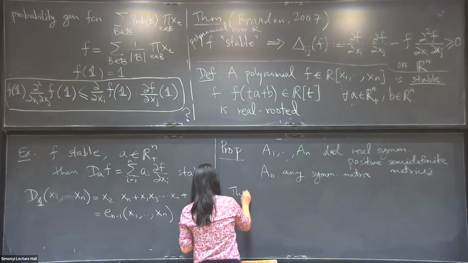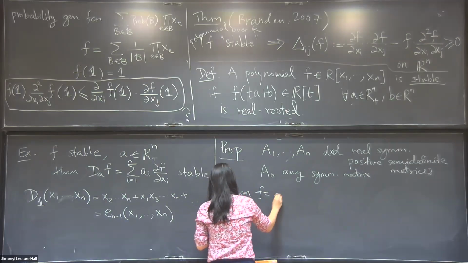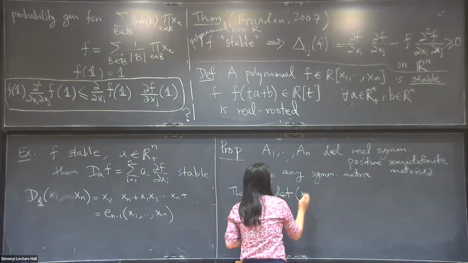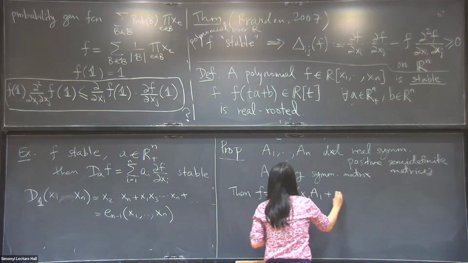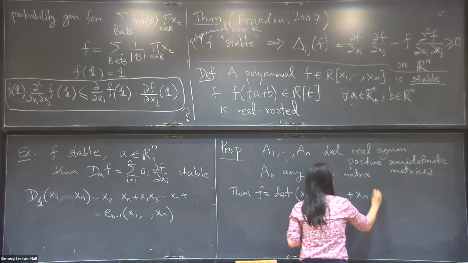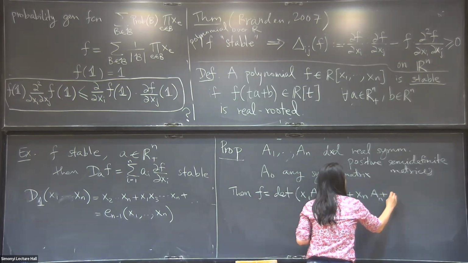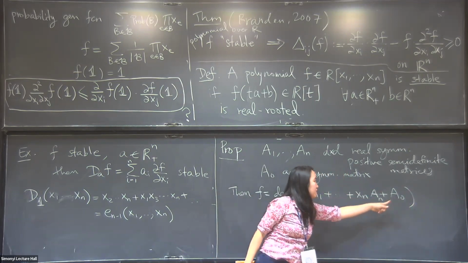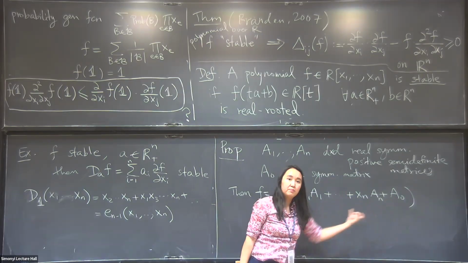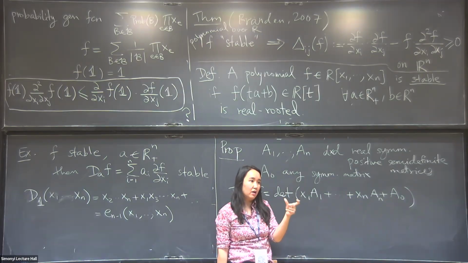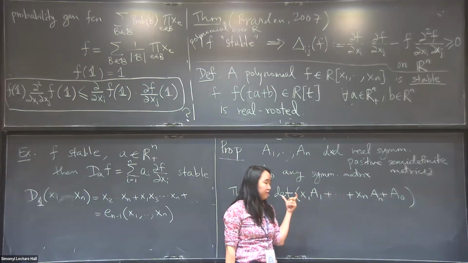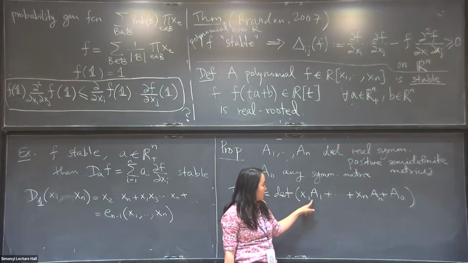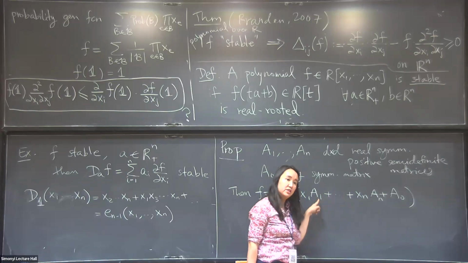Then let F be the determinant of x1 A1 plus ... plus xn An plus A0. You can think of the thing in the parentheses as a symmetric matrix whose entries are affine linear polynomials in the x's, and the coefficients are positive semi-definite.